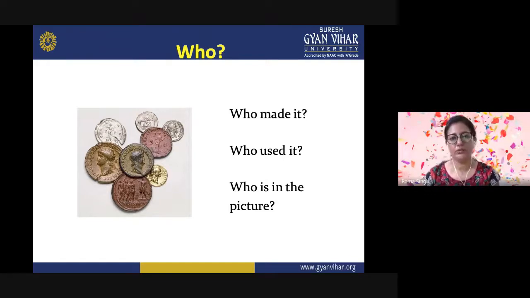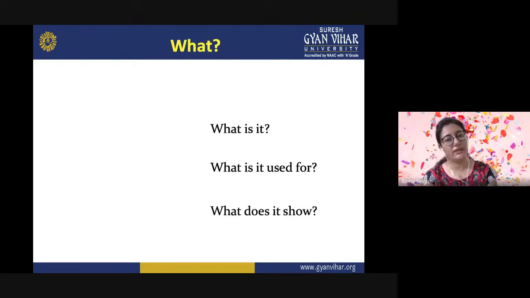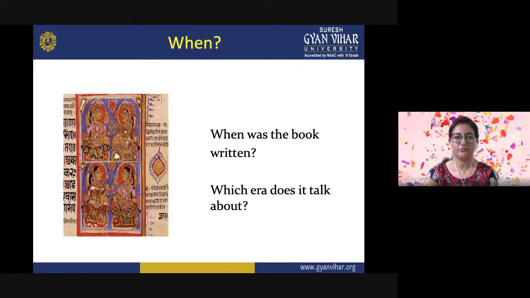Like who made it, who used it, who is in the picture, who is he, where is it now, where was it earlier, where was it made. What questions will be like, what is it, what is it used for, what does it show, when was the book written, which era does it talk about? What kind of features can you see in the paintings which have been depicted?